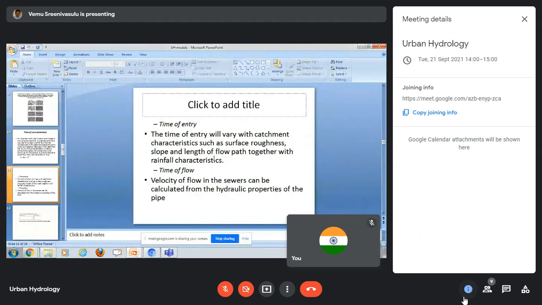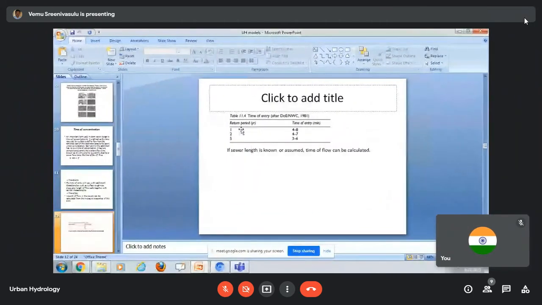In general, in the absence of data, you can assume values like this. For a 1 year return period, the time of entry can be assumed as 4 to 8 minutes. For a 5 year return period, it is 3 to 6.